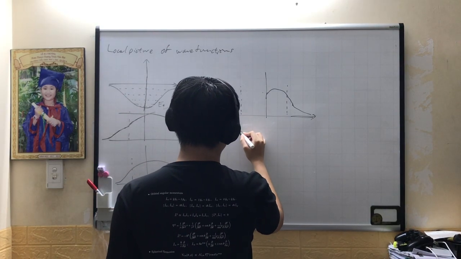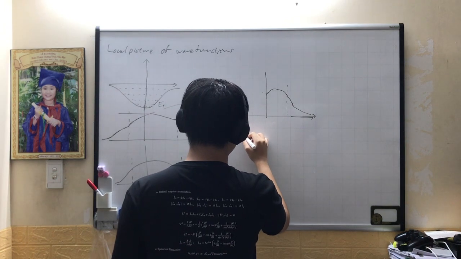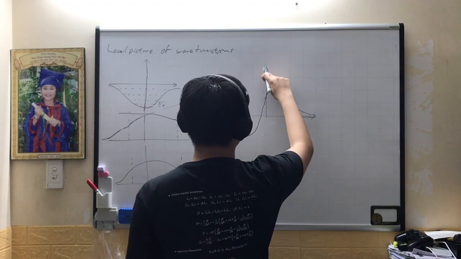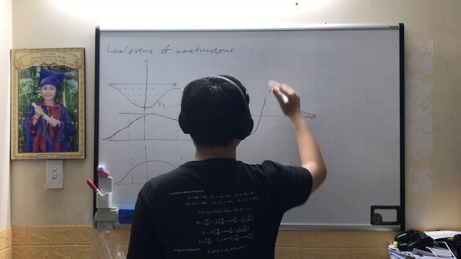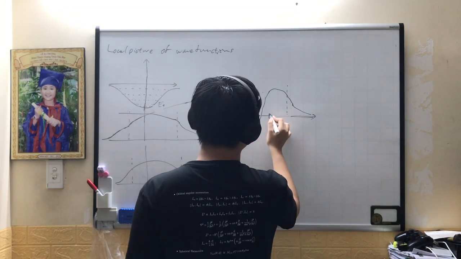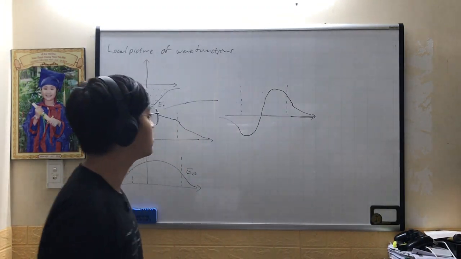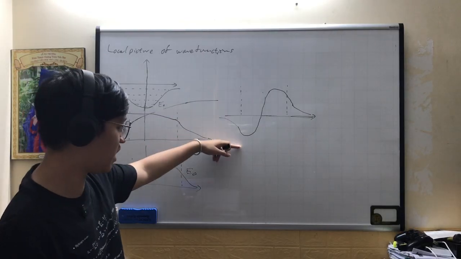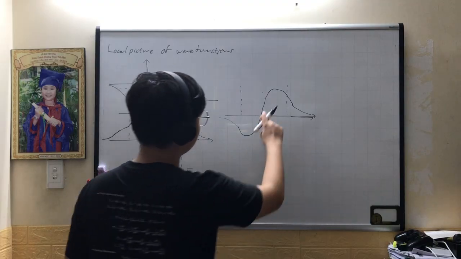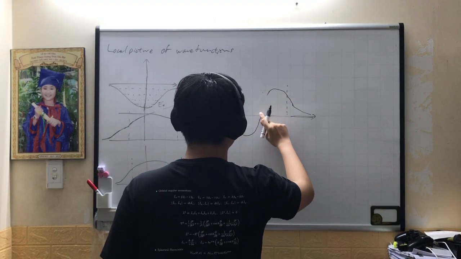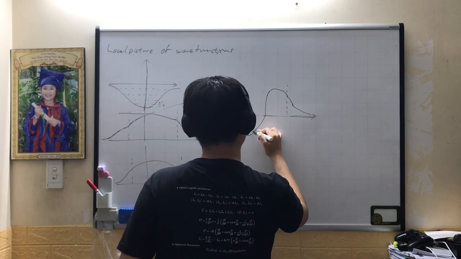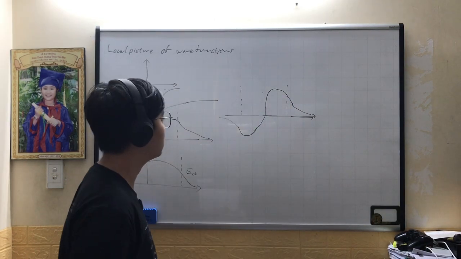So with the one down here, you flip it, and you see that they actually meet in the middle. Of course, my drawing is not that great, but something like that.